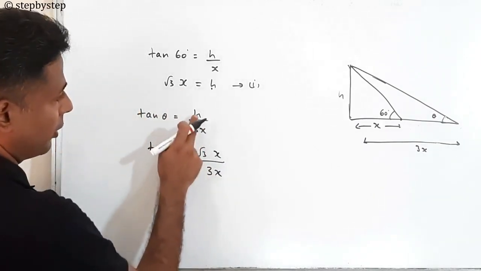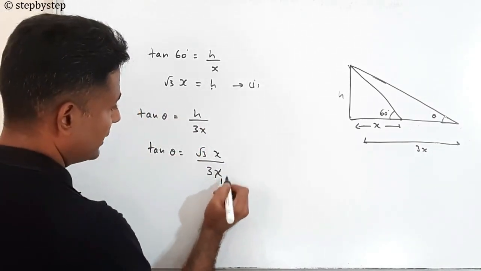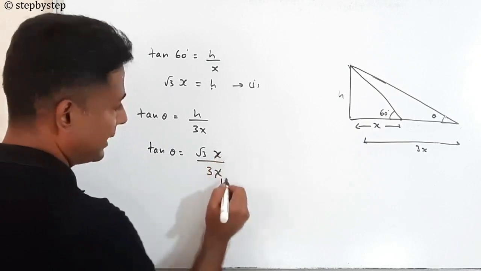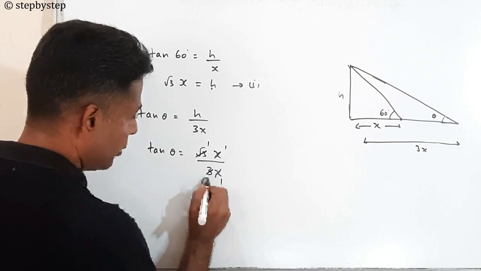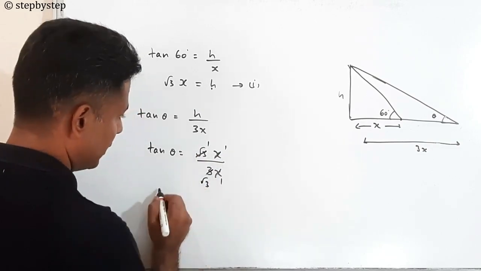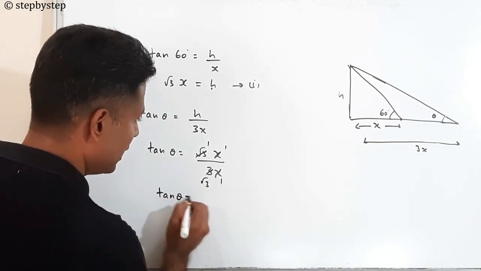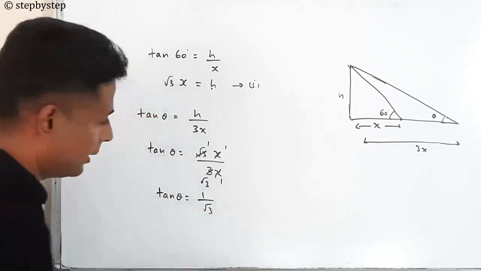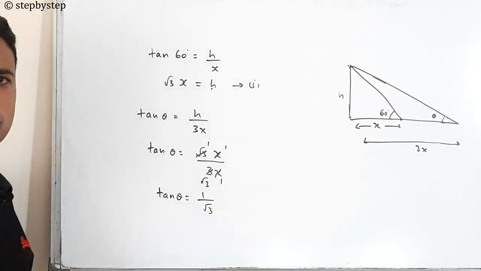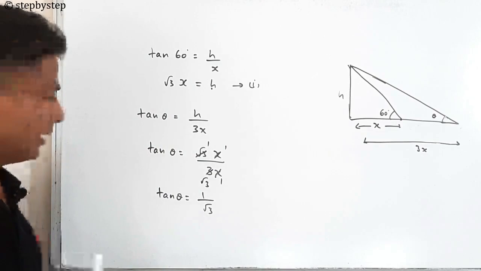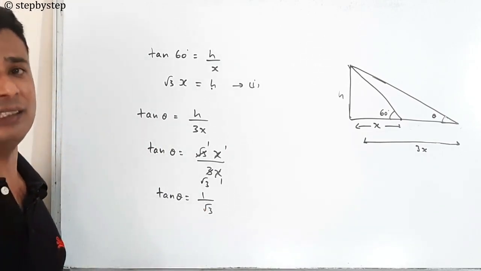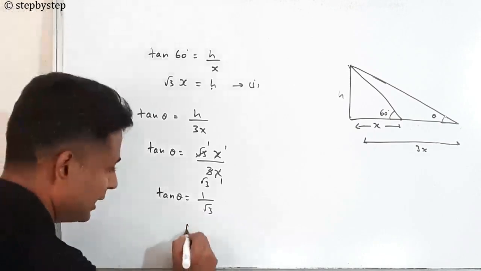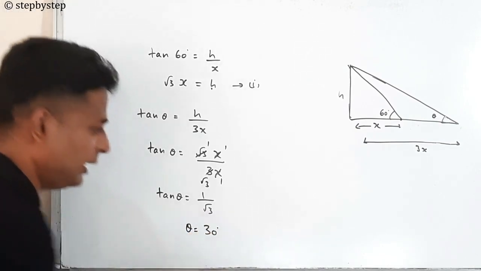From here we got the value of h. x and x cancel, root 3 by 3, root 3 cancels. So we get tan theta equal to 1 by root 3. Now tan theta is equal to 1 by root 3, which means what? If you remember, tan of which angle is 1 by root 3? Tan of 30 degrees is 1 by root 3, which means theta is equal to 30 degrees.